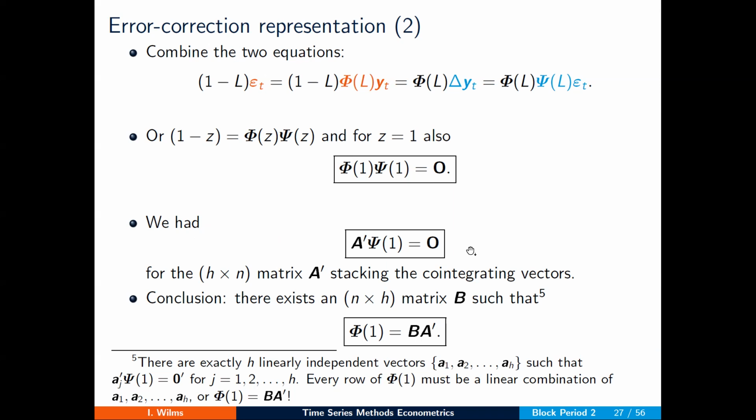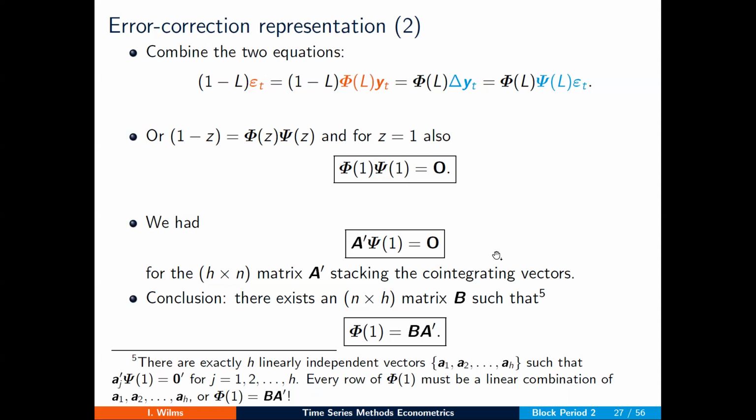Well, remember that we had another expression already where psi1 was popping up, namely this necessary condition for co-integration, where the matrix A prime contains the co-integrating vectors in its rows. Now, what do we know from this?